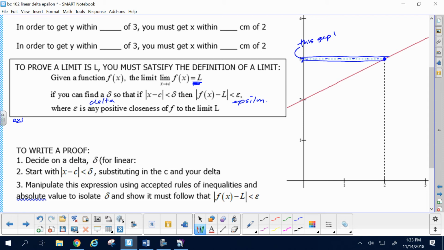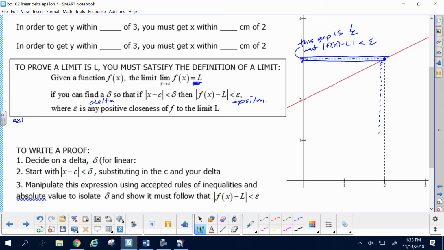Now this gap here is the epsilon. It's the difference between the y values of the curve itself and the limit we say. And we want to get to the point where that gap, that difference between the function values on the curve and the actual limit, is less than some arbitrary tiny microscopic gap.